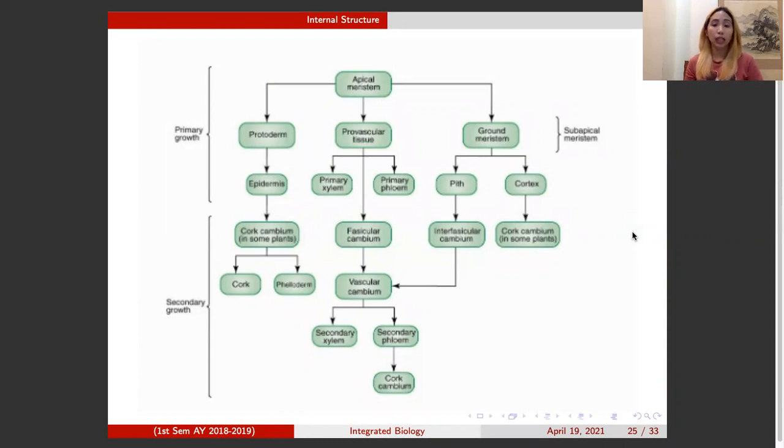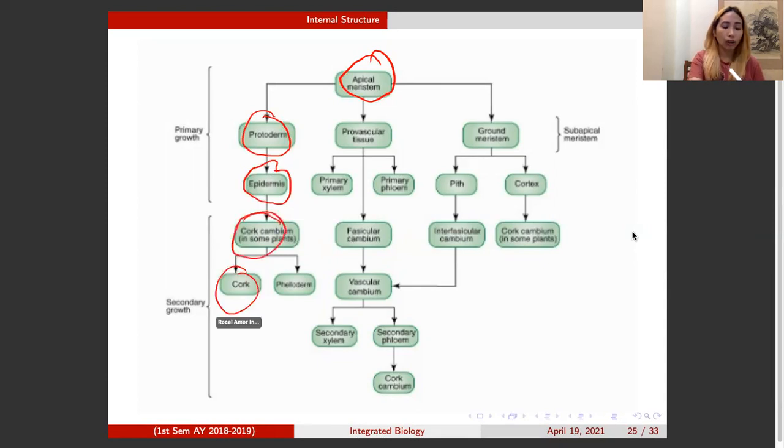Now this is an extra slide that I put here so that you will see the fate of the tissues, or the cells. So from the apical meristem, what will be their fate, if they became protoderm, what will be their eventual derivatives? Where will the cork, the periderm, the cork cambium come from, and so on and so forth.